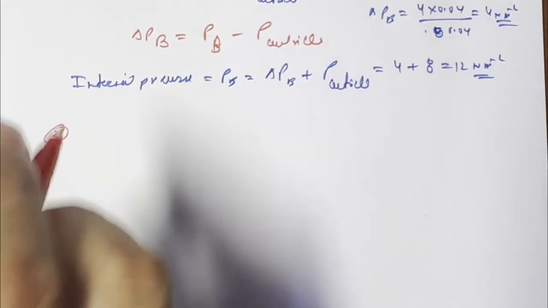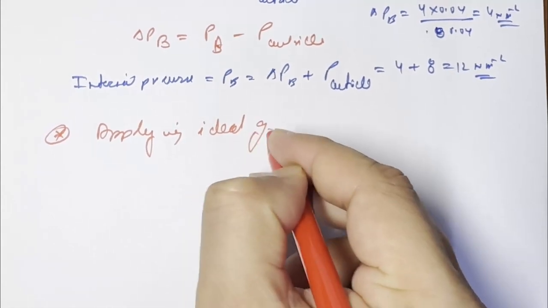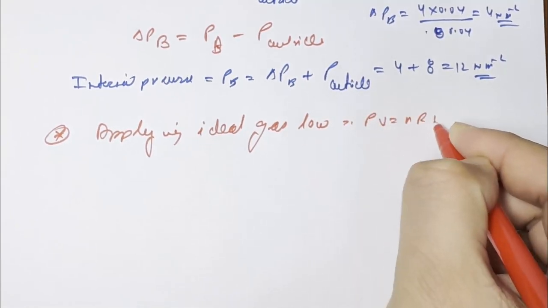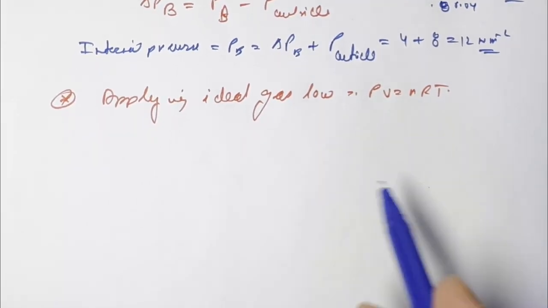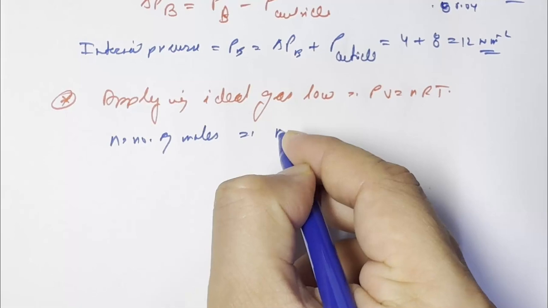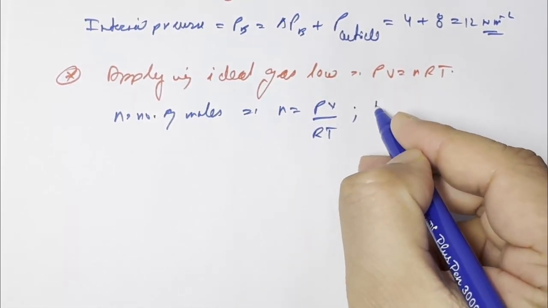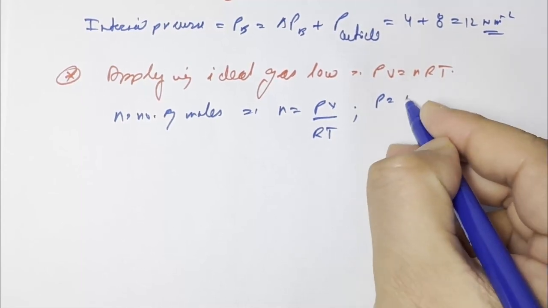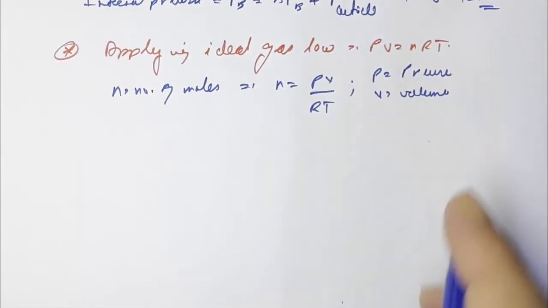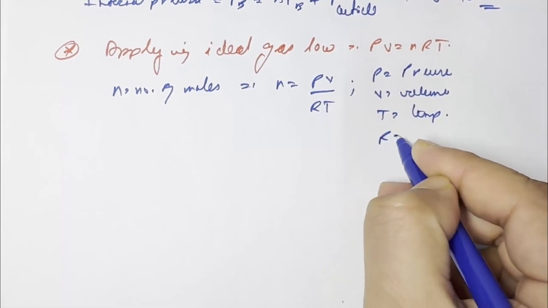Applying the ideal gas law, which states that PV is equal to nRT, where n is the number of moles, we can write n is equal to PV upon RT, where P is the pressure, V is the volume, T is the temperature, and R is the gas constant.